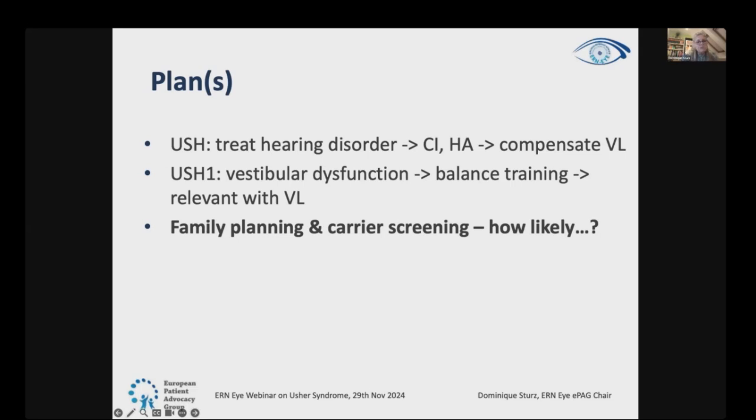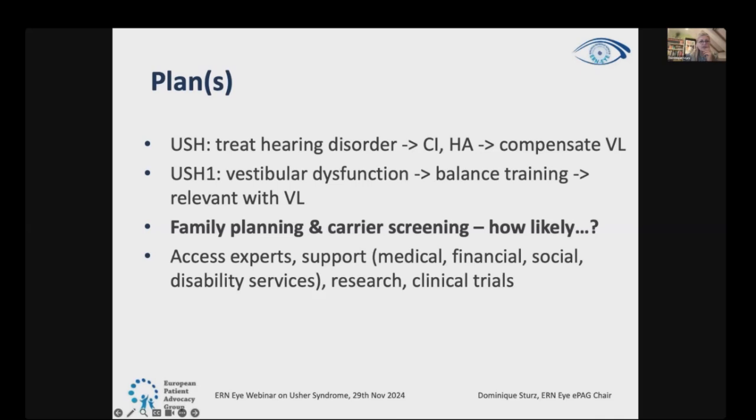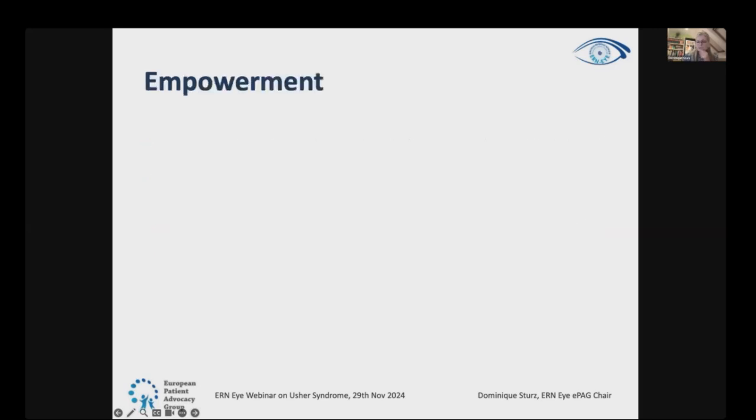How likely is it that my cousins, my brothers, my children, my grandchildren, who else in the family will develop Usher syndrome? So also in terms of family planning, it's very relevant to have this accurate diagnosis and also to access the adequate experts, to find adequate support, be it medical, financial, social, be it the disability services, and also to find the related research and clinical trials, if any are out there, or upcoming clinical trials. So those are all key elements of relevance for patients.